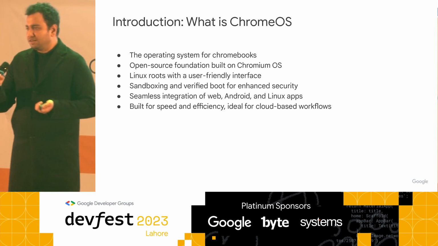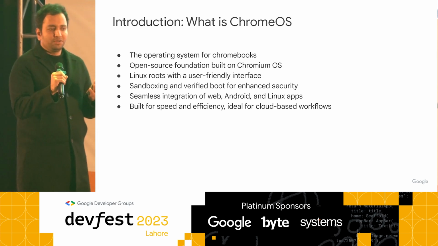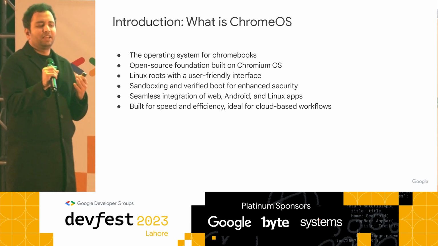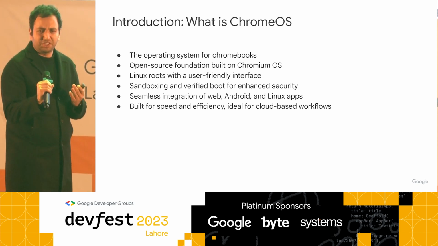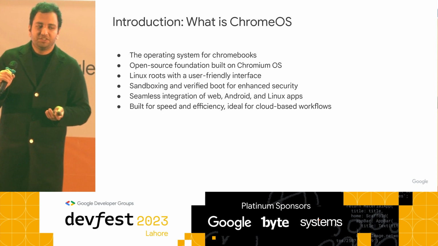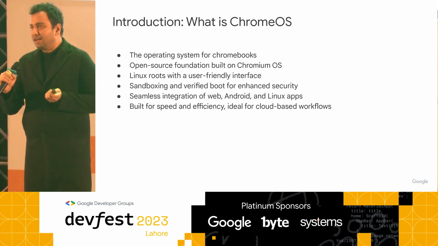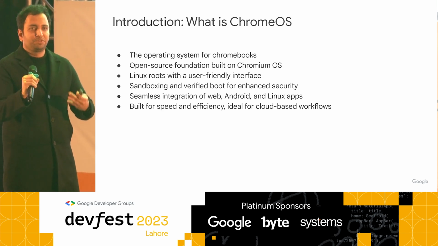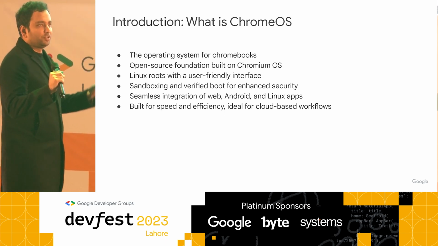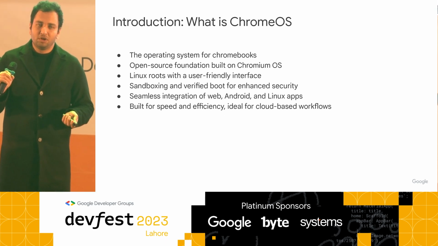One of the most important things about ChromeOS is that it's very secure and very easy to use. You can run your web apps, your Android applications, and your Linux applications on ChromeOS.